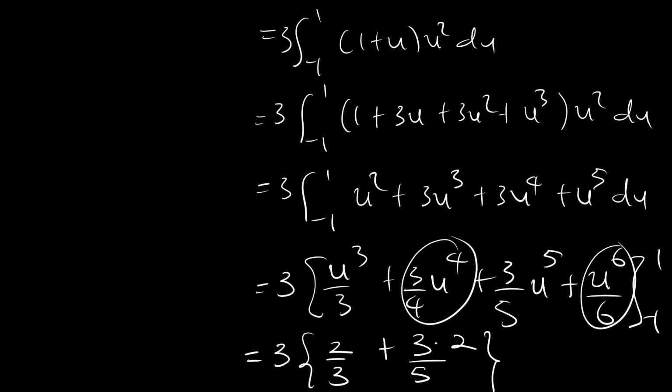Okay, so we can pull the 2 out so that we have 6, and inside we're going to have a third plus 3 over 5.